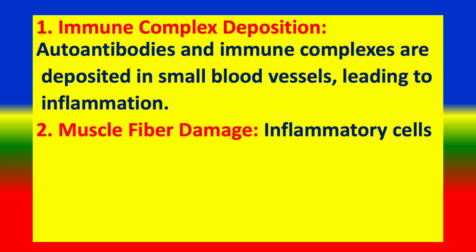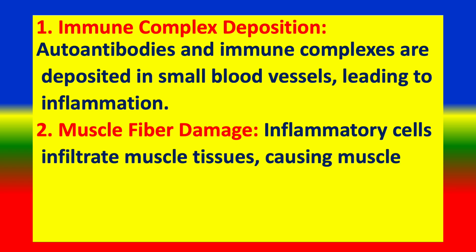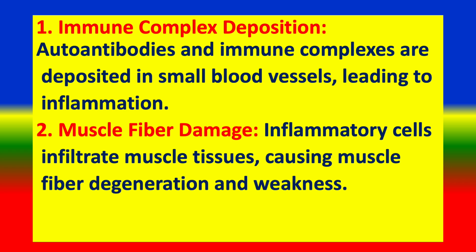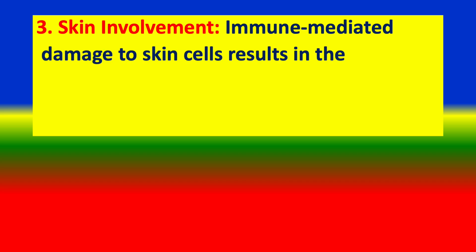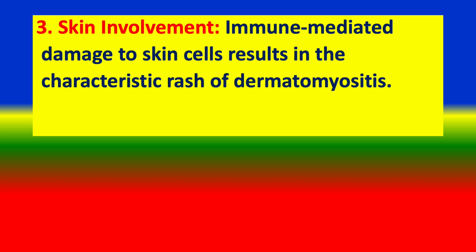Muscle fiber damage. Inflammatory cells infiltrate muscle tissues, causing muscle fiber degeneration and weakness. 3. Skin involvement. Immune-mediated damage to skin cells results in the characteristic rash of dermatomyositis.